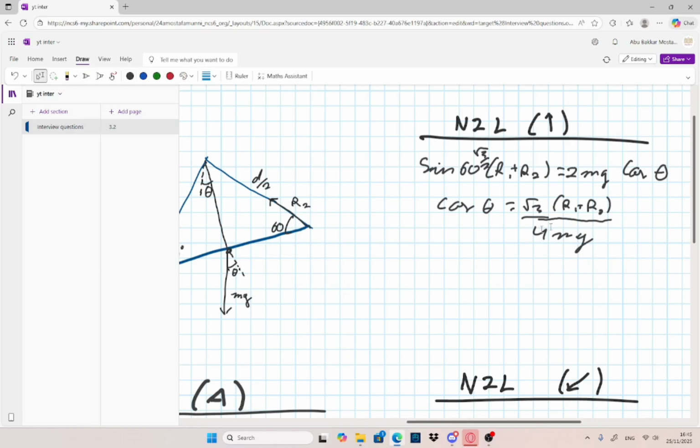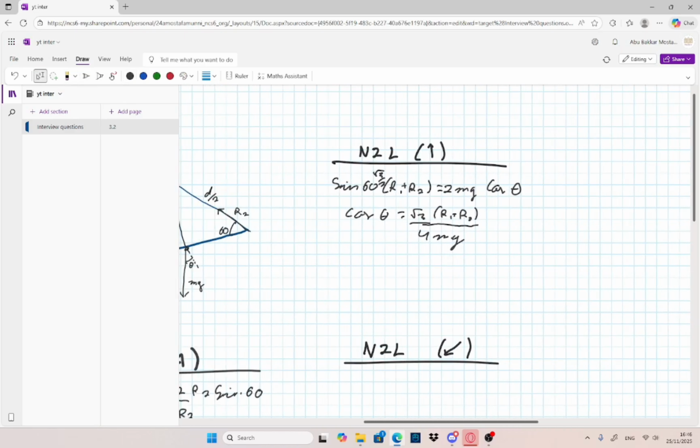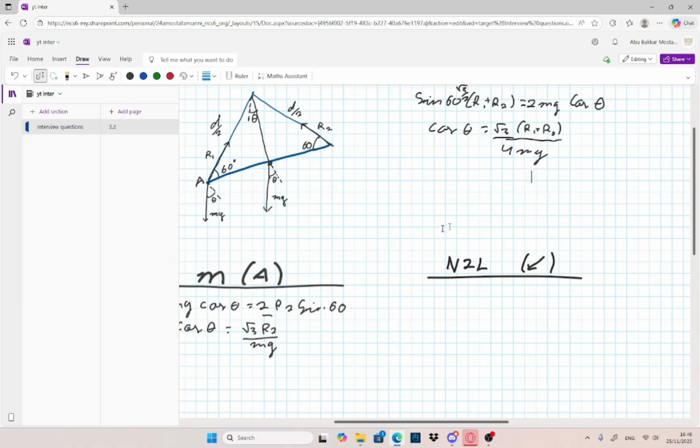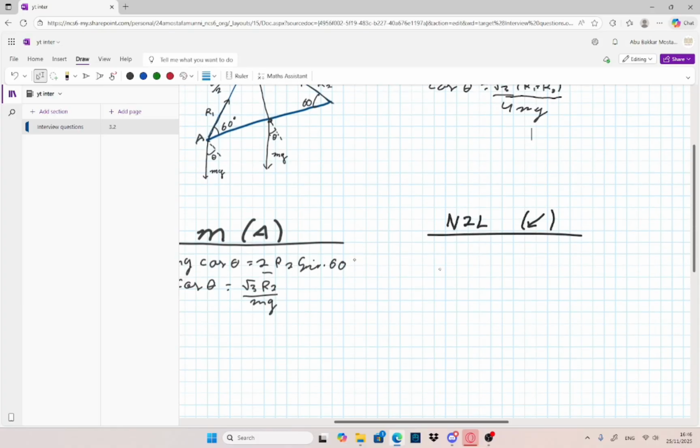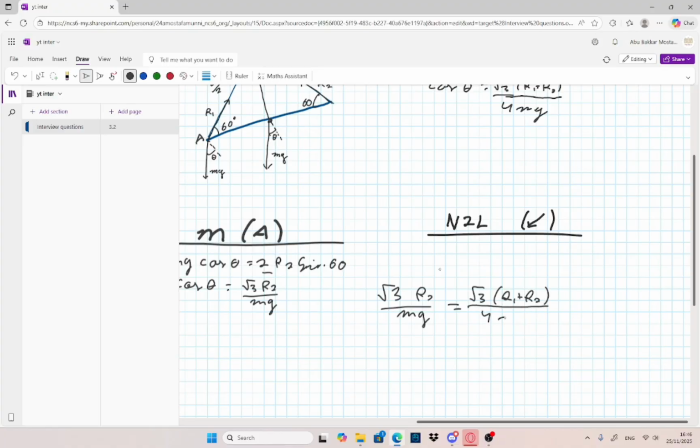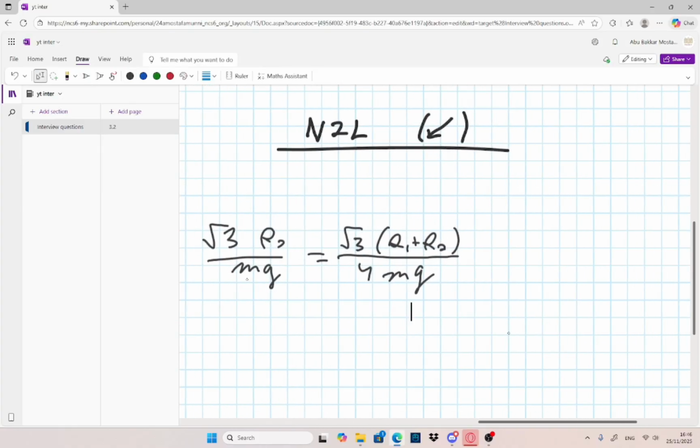Okay, so from this, we can compare this to the previous equation. Because they're both cos theta, we can just equate the two equations. In this case, we have root 3 R2 over mg is equal to root 3 (R1 plus R2) over 4mg. Here we can cancel out the mg's, multiply by mg, and divide by root 3.